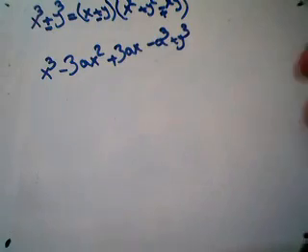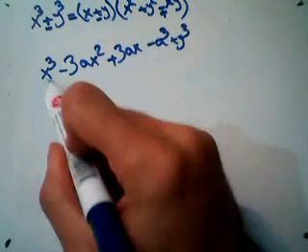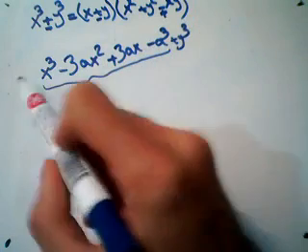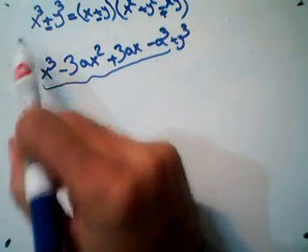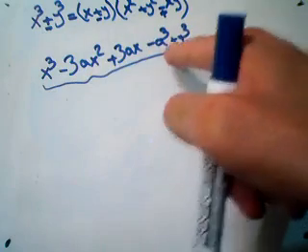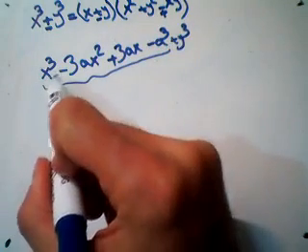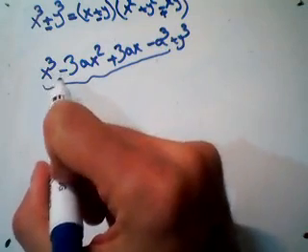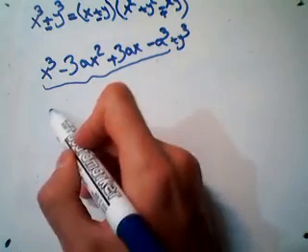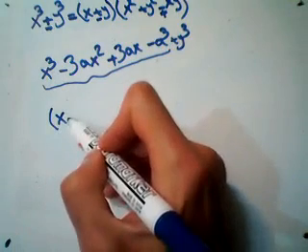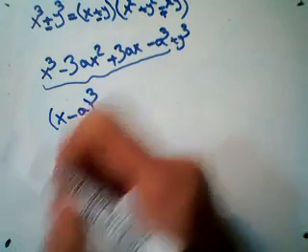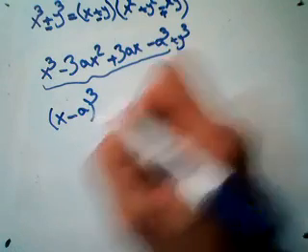In order to do that, notice that the first four terms are in the form of the minus version of the perfect cube identity, which is x minus a cubed, plus y cubed.